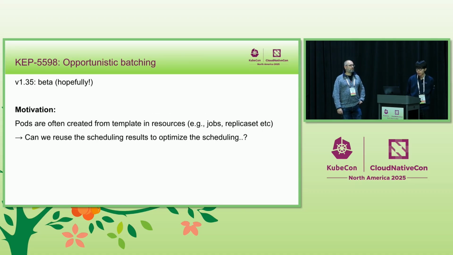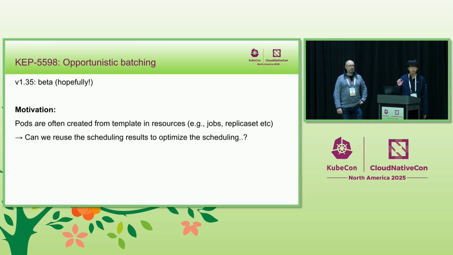So the first one is the opportunistic batching. This is a new feature introduced as a beta in 1.35, hopefully. I'm saying hopefully because we are still working on it, but it should be in. The motivation here is pretty simple. We often have multiple pods from a template, for example Job, ReplicaSet, or many other resources that manage pods.